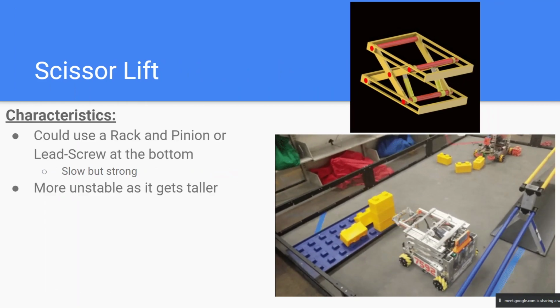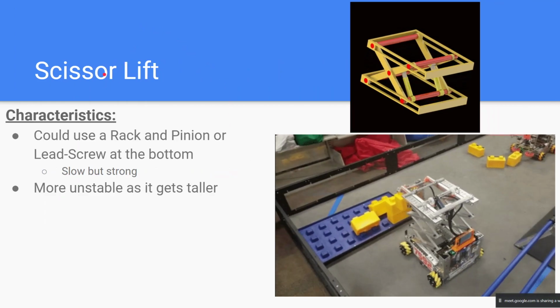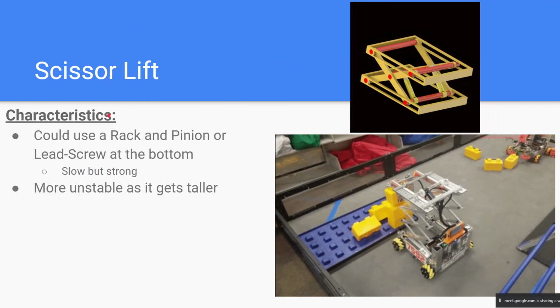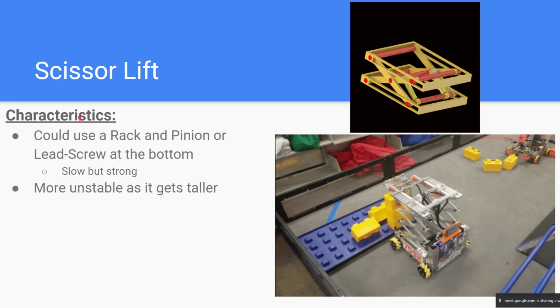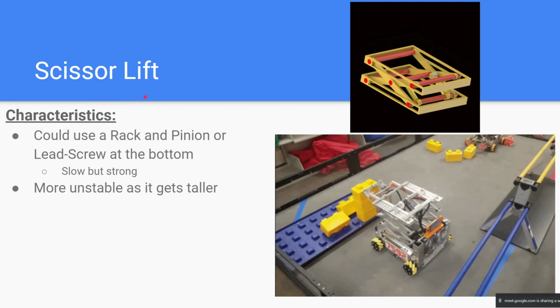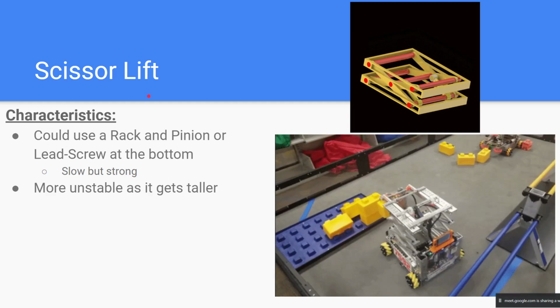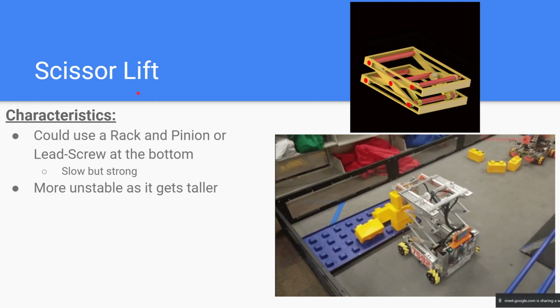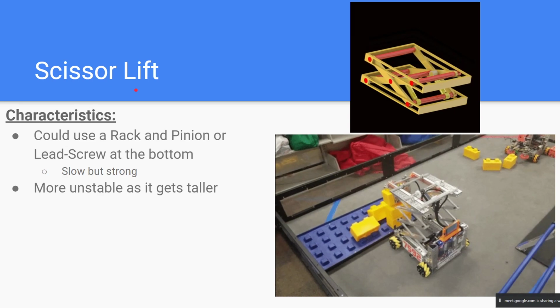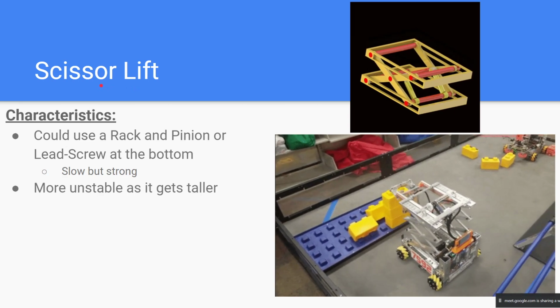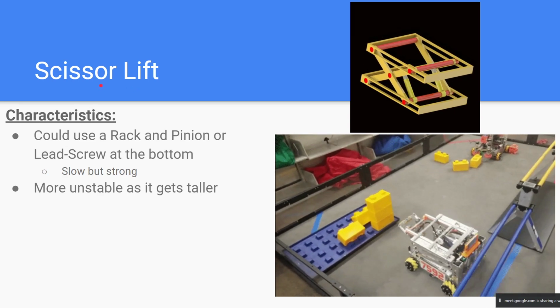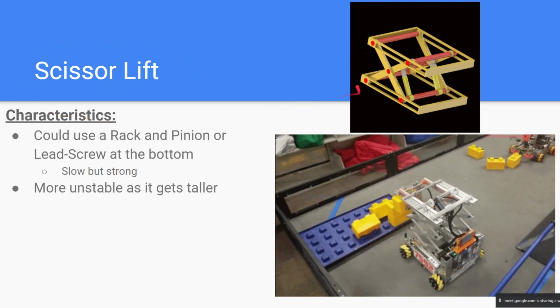Okay, now we're on to the scissor lift. The scissor lift is kind of eh. I've never seen it in person either. I've heard alumni used it in the past and said they hated it, or that scissor lifts are kind of a joke. I'm just letting you know that it's out there.